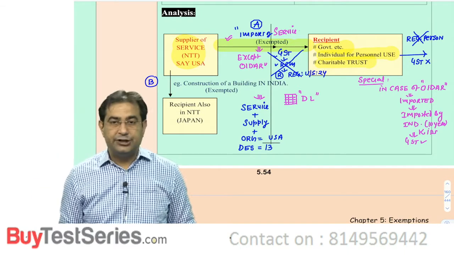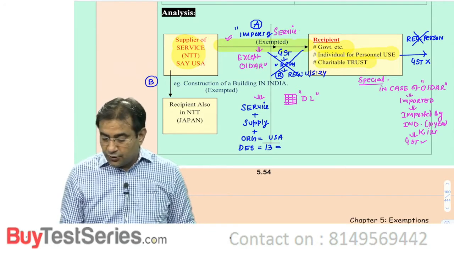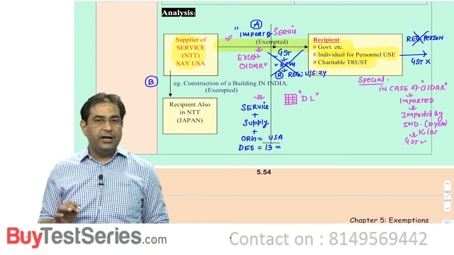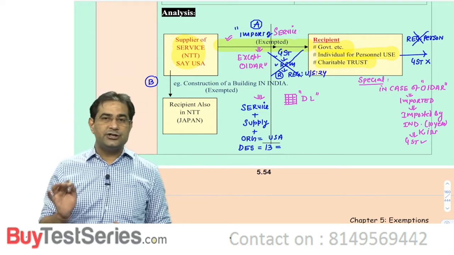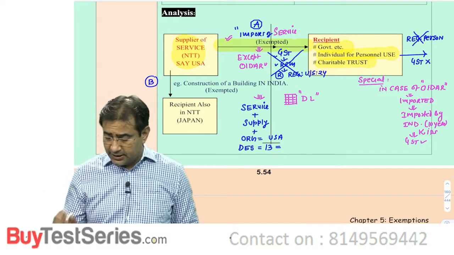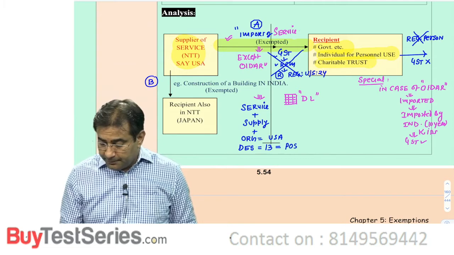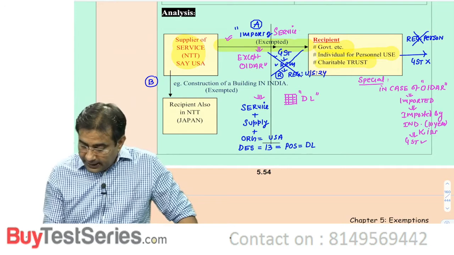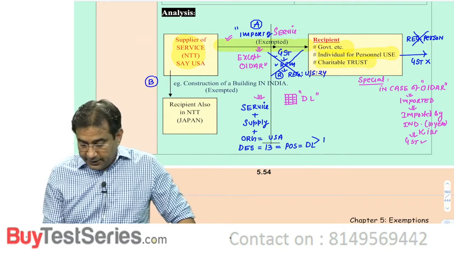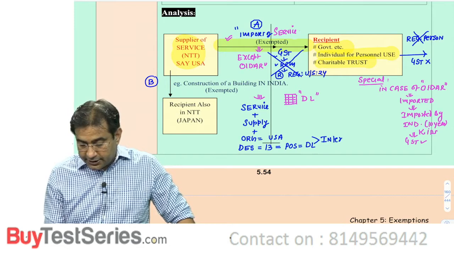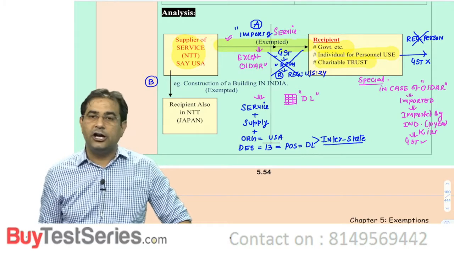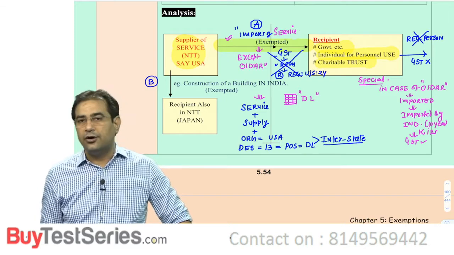So as per section 13, in case of immovable property linked services, the place of supply would be the location of the immovable property. Is it okay? Yeah. So accordingly, finally, the place of supply would be Delhi. Yes, sir. No issue at all. And in such a case, it will be treated as interstate supply, that is IGST would be applicable, because we know very well all international transactions are called interstate in the world of GST.